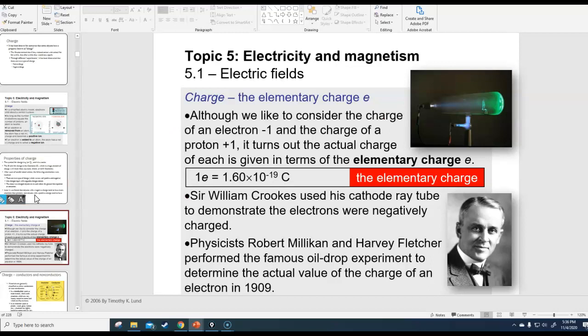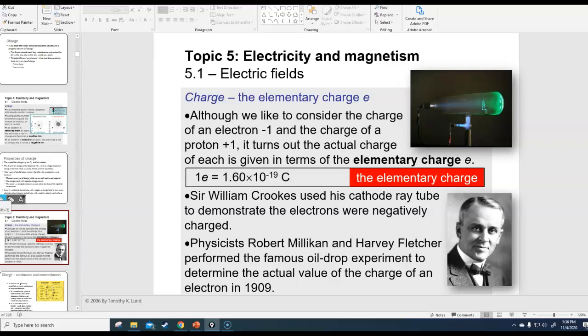Okay, now we've talked about how protons have a charge of +1 and electrons have a charge of -1. You might have heard that before in chemistry, but you might not be aware of what that means exactly. So +1 what, or -1 what?